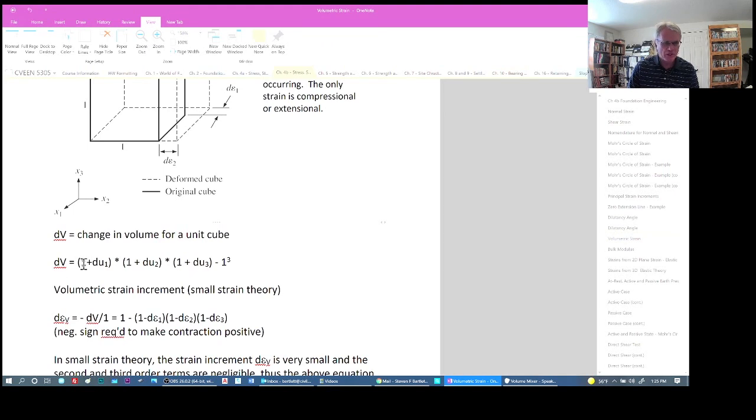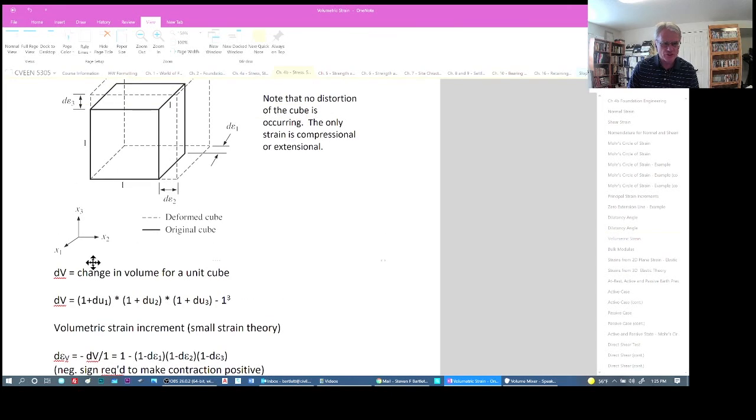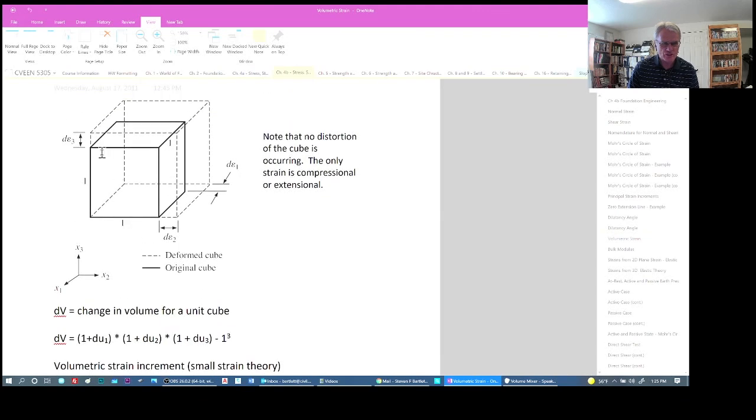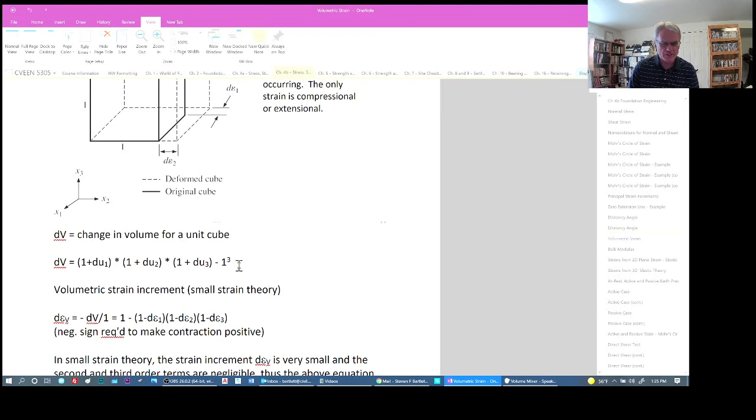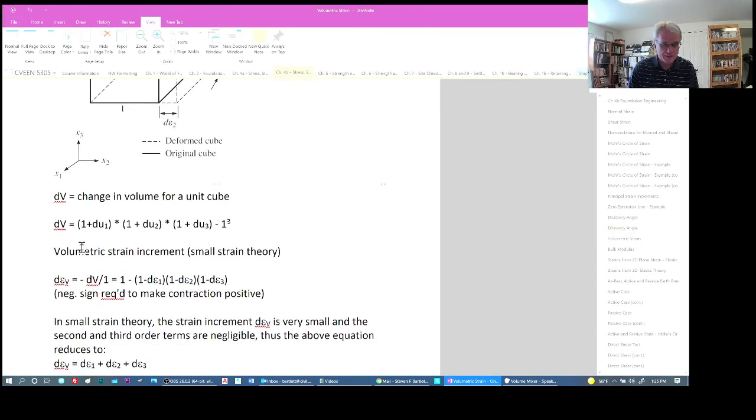The 1, which is the original length, plus some du1, which is change in position in the x1 direction, plus another change in the du2 direction, which is that direction, and then some change in the du3 direction here. If we subtract the original volume, then we have the change in volume, the incremental change.